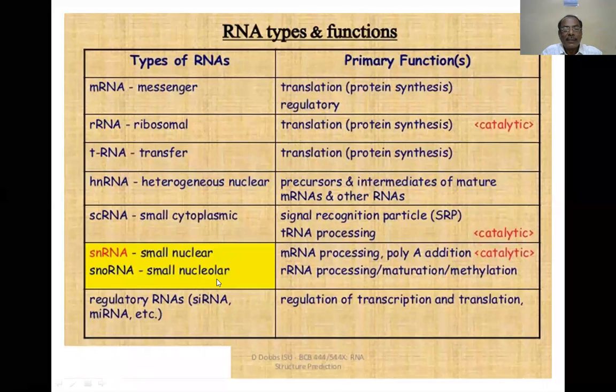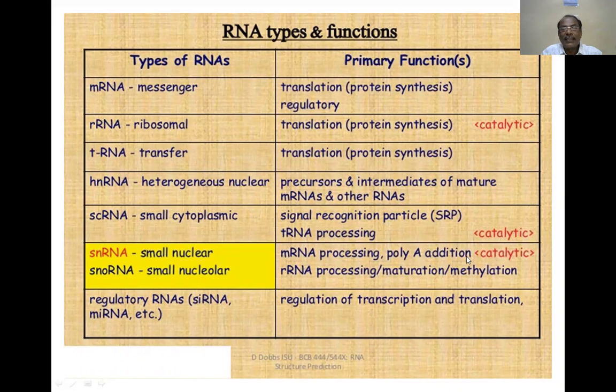The main function is mRNA processing, poly A addition, some changes on mRNA, cutting the pieces and editing the mRNA molecule. Here and there, they cut the recently formed mRNA, which is called hnRNA, heterogeneous nuclear RNA. It will be modified by these smaller RNAs into the RNA which can produce a protein.